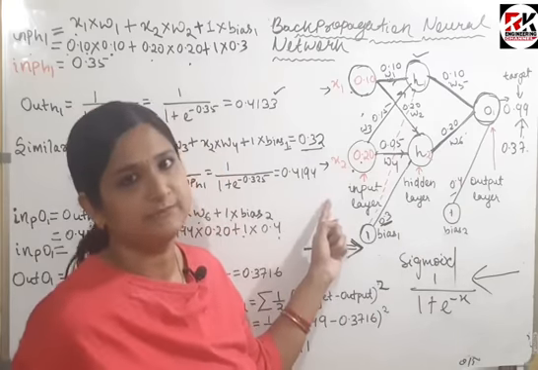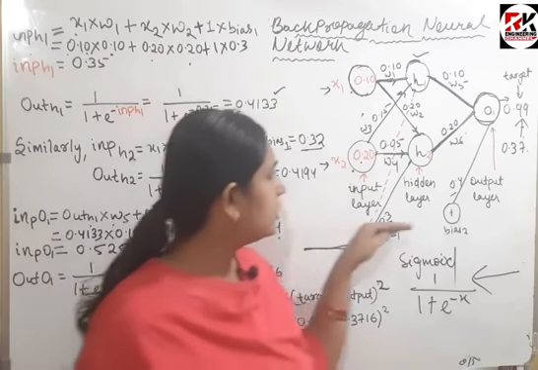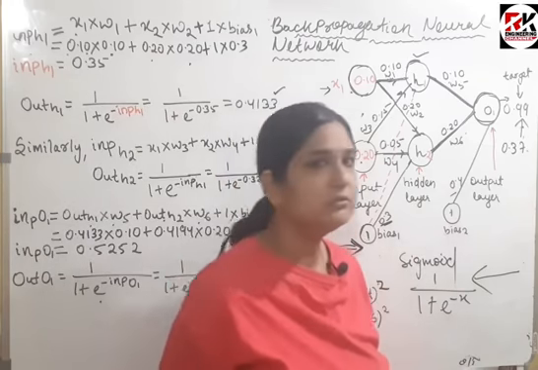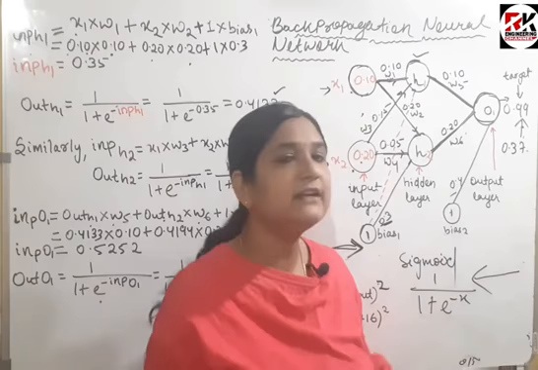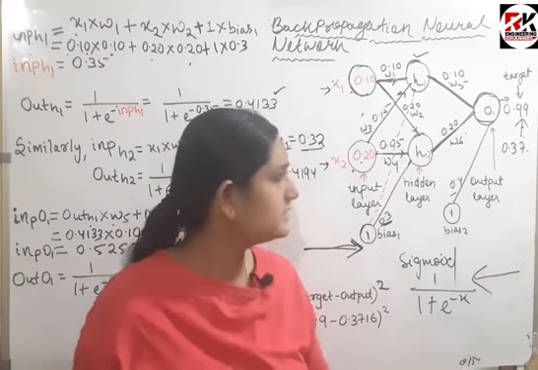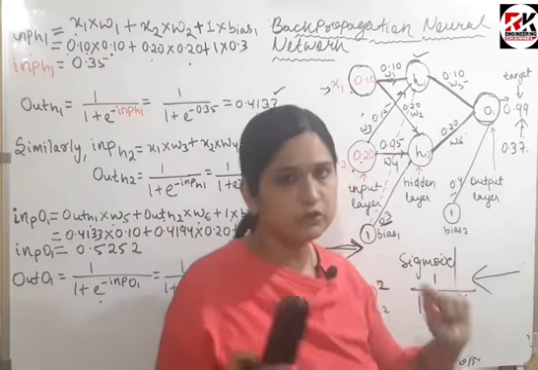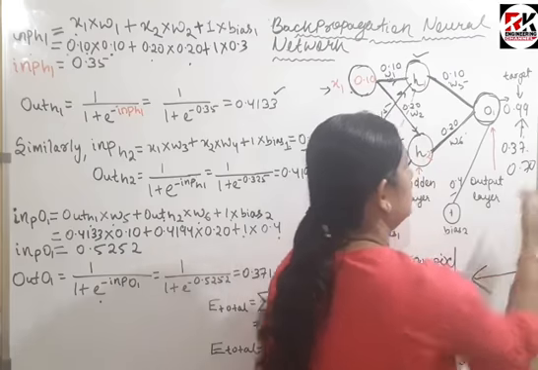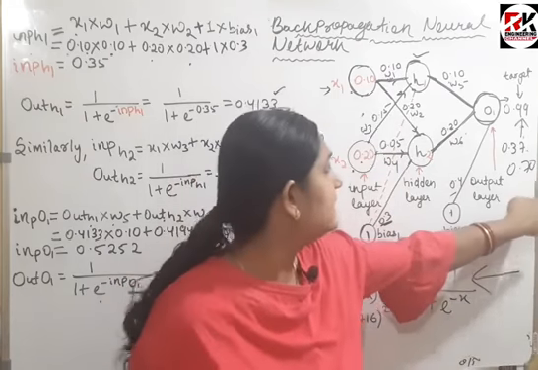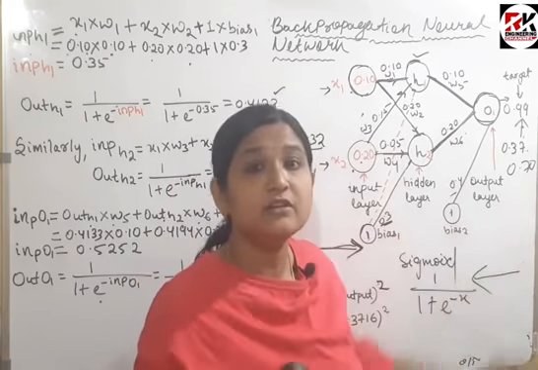Again I will reach over here, and again I will go for a forward move and calculate my output. If I get 0.99, I will stop. But suppose this time I get 0.70. Still the target is not reached.